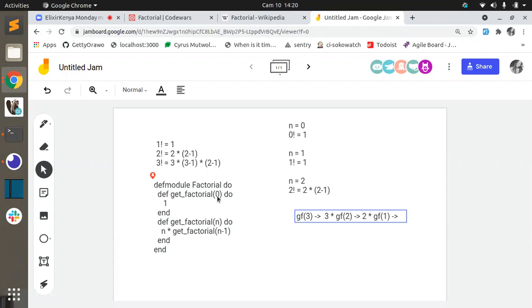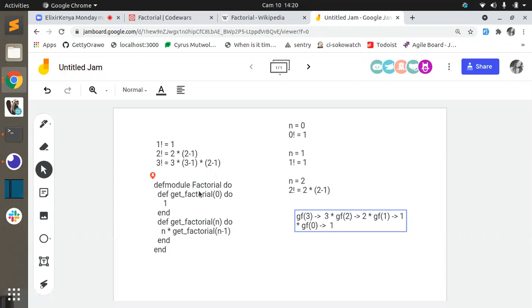We're still together, Tracy? Yes. Okay, so our n in this case is 1. So we do 1 times GF of 0. We run the GF of 0, and in this case, it's going to match the first function clause, this one.